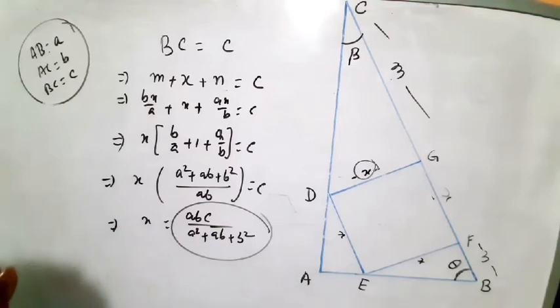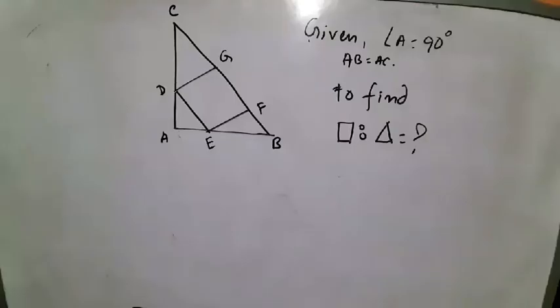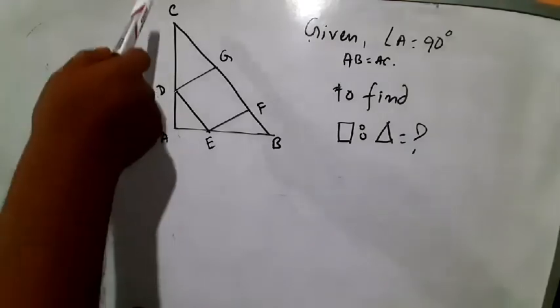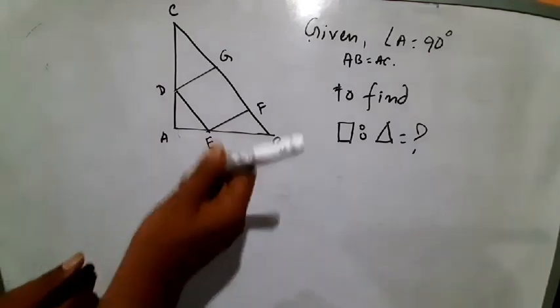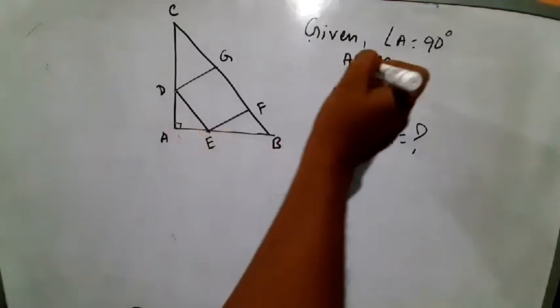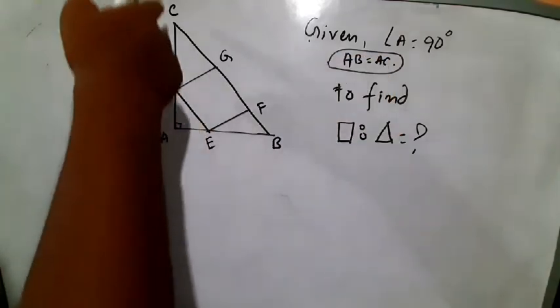So we have to check an example, a very easy example. You can use this formula. This is an example of our theoretical part. The question is given here: ABC is a right angle triangle, angle A equals 90 degrees, and it is isosceles, so AB equals AC.